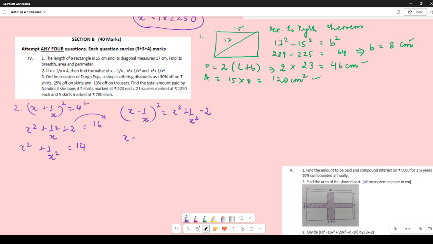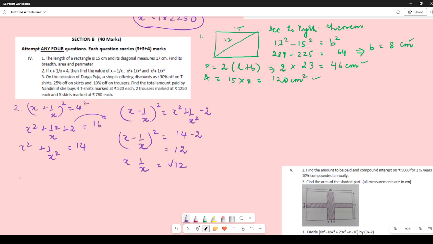So x minus 1 by x whole square is equal to 14 minus 2. Remember, we got the value of x square plus 1 by x square over here, which is 14. So this comes to 12. So now x minus 1 by x will be equal to under root 12. You can leave it this way. That will fetch you the marks.